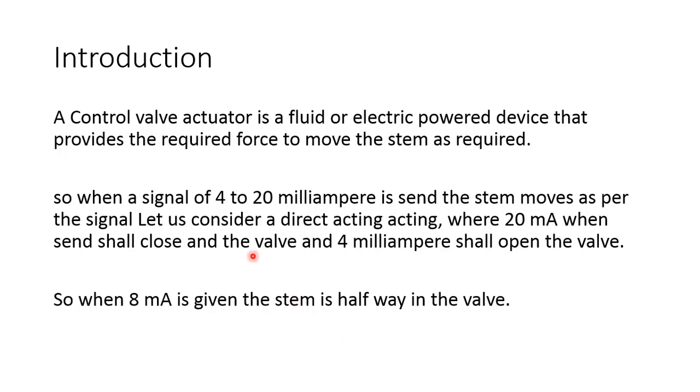So when a signal of 4 to 20 milliampere is sent, the stem moves as per the signal. Let us consider a direct acting actuator where 20 milliampere when sent shall close the valve and 4 milliampere shall open the valve.